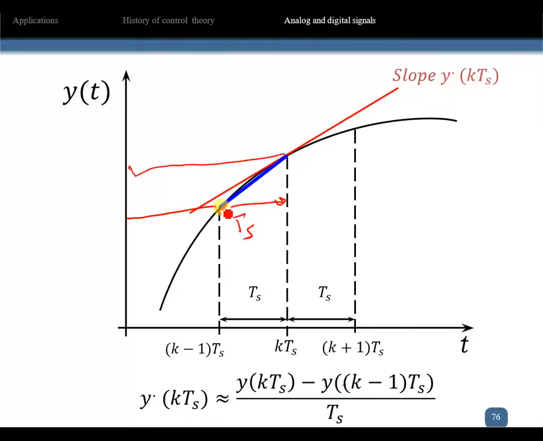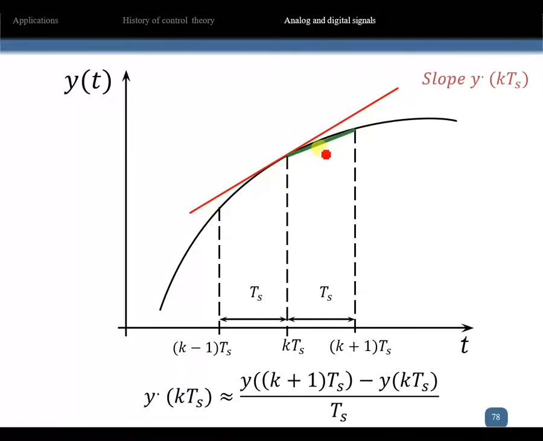If you find the slope between this point and this point, it becomes y(kTs) minus y((k minus 1)Ts), divided by Ts. This is named backward. Or we can find this line too. This line and this line have some error, but we can neglect this error too.